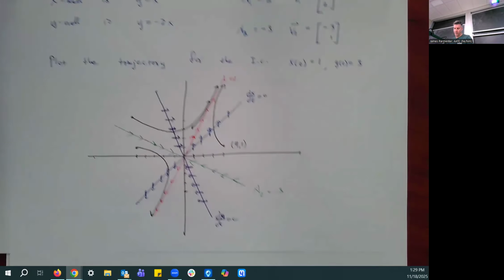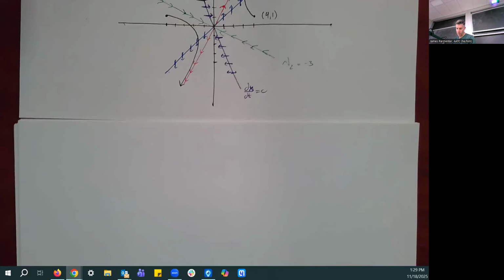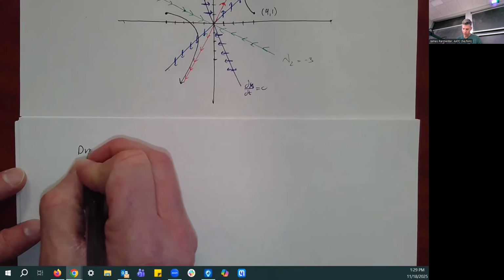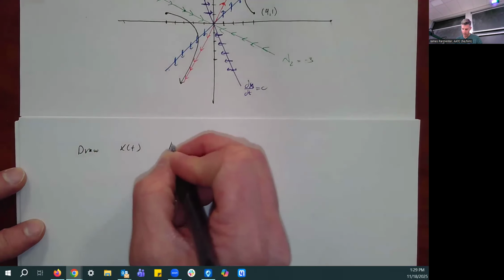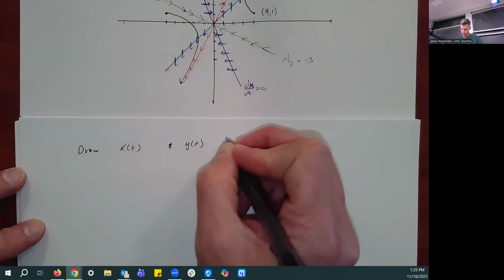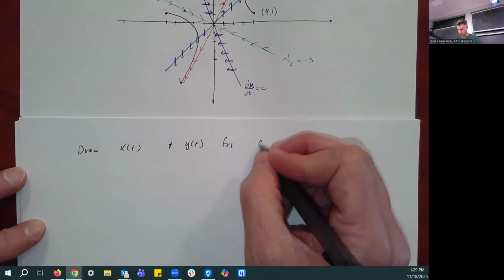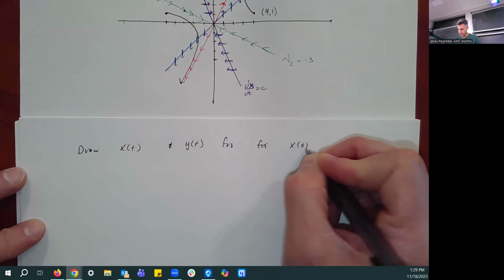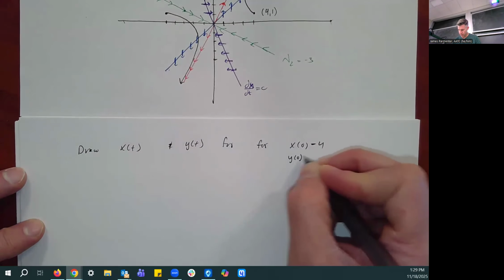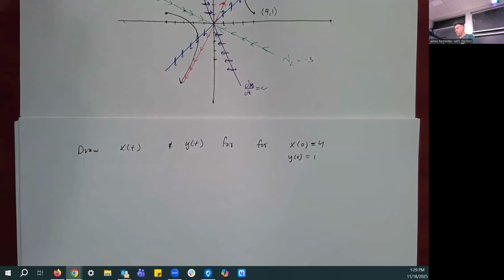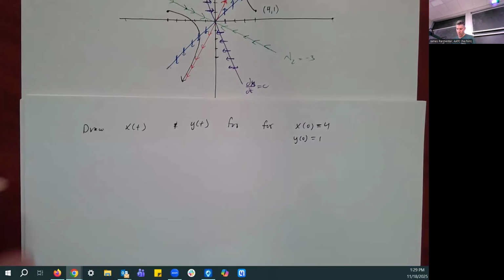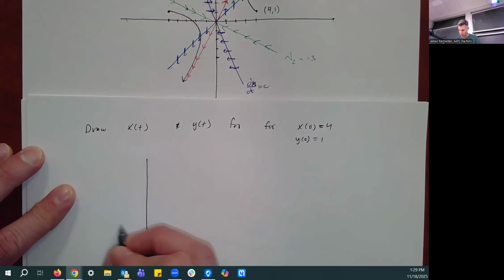So we've got a minute left. Let's draw x of t and y of t for the initial condition 4, 1. This should be comparatively easier than the previous thing.